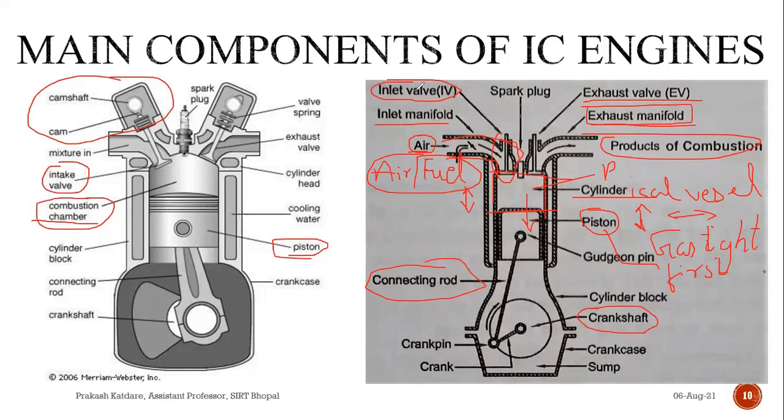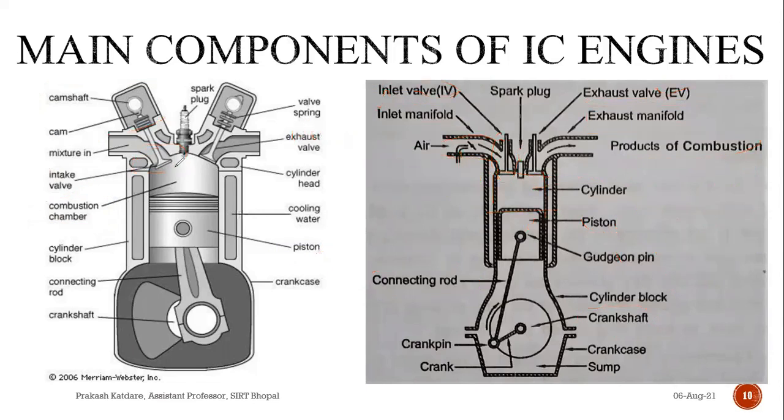Then you have inlet and exhaust valve. These are mushroom-shaped poppet valves. If you look, the shape is like a mushroom. Both the valves have a mushroom-type shape. They are provided either on the cylinder head or on the side of the cylinder. In this image, we are seeing them at the cylinder head, but it doesn't mean that they will always be on the cylinder head.